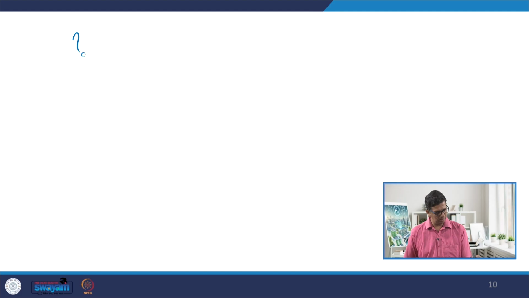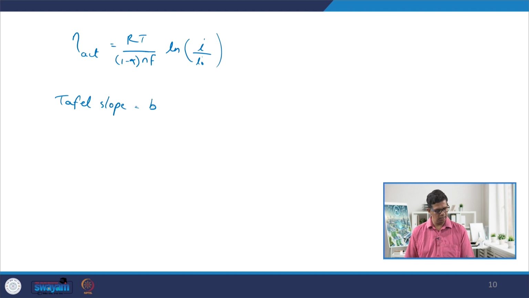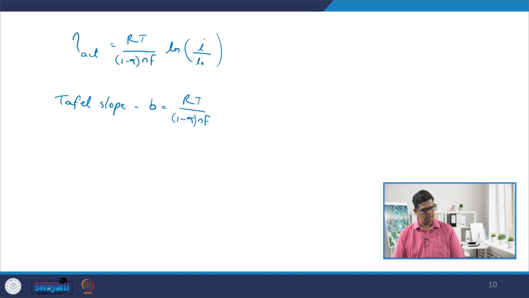So, eta activation is RT by (1 minus alpha) nF ln I by I naught. It is the same line, same equation that I have written, and this Tafel slope is B if we compare that with the equation of a line. So, that is B, which is nothing but RT by (1 minus alpha) nF.